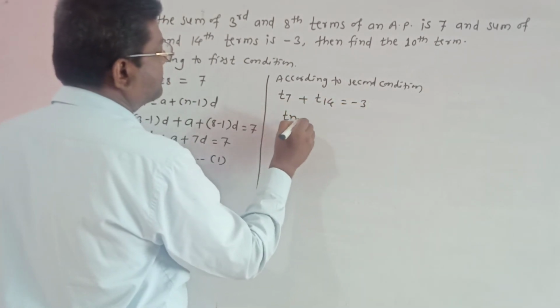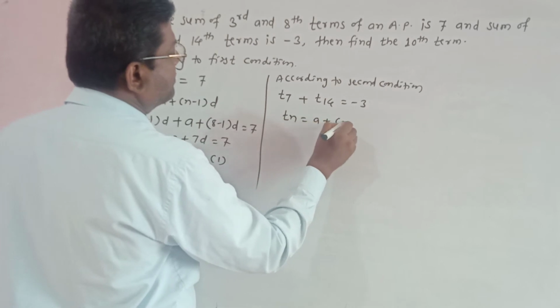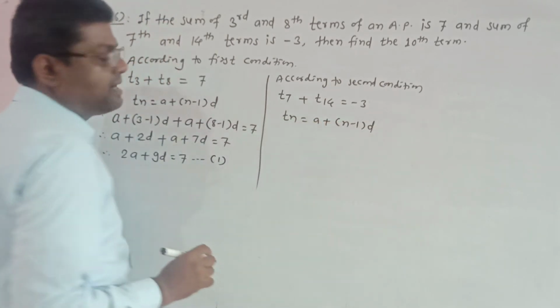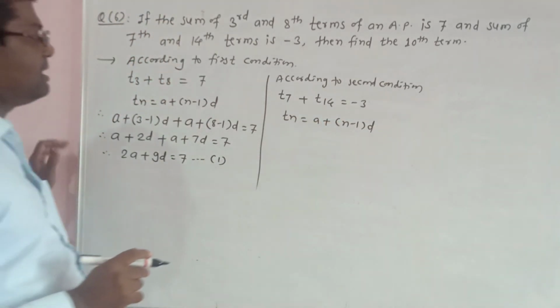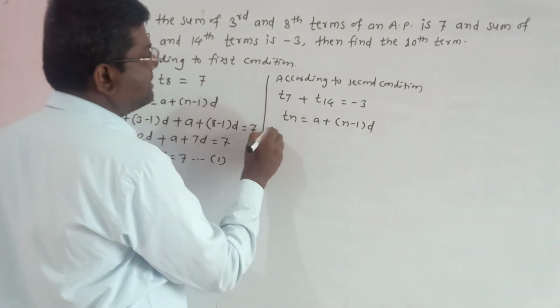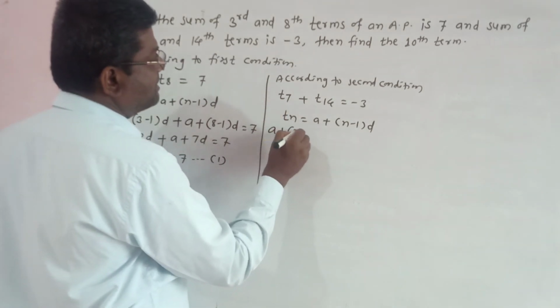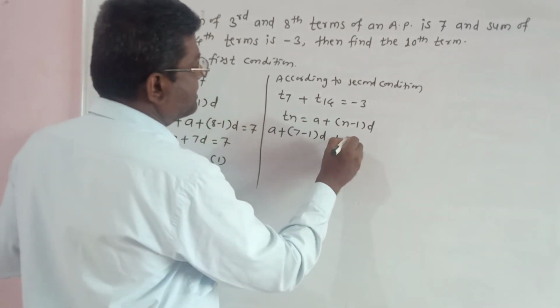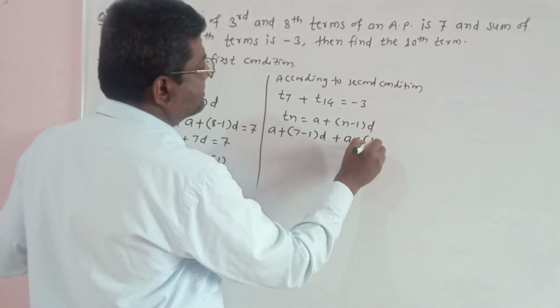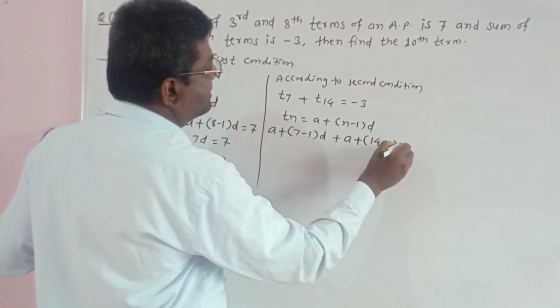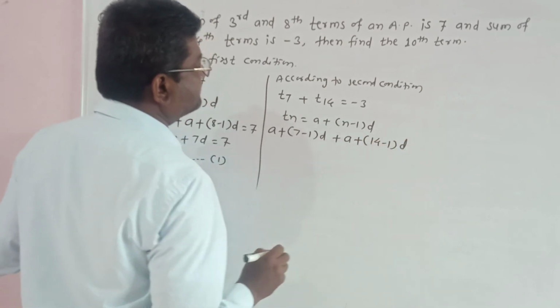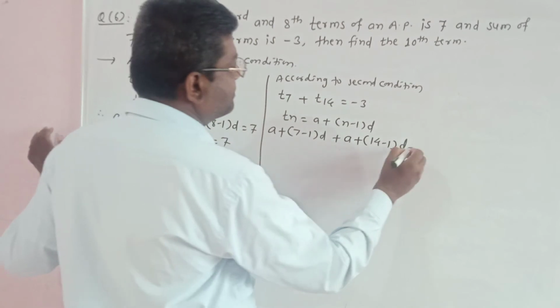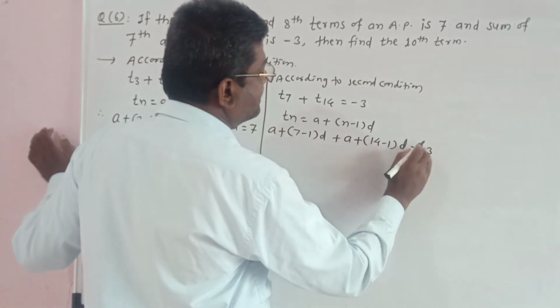Here also we use the formula Tn is equal to A plus n minus 1 into D. The formula for T7 is A plus 7 minus 1 into D, plus the formula for T14, that is A plus 14 minus 1 into D, is equal to minus 3, their sum.